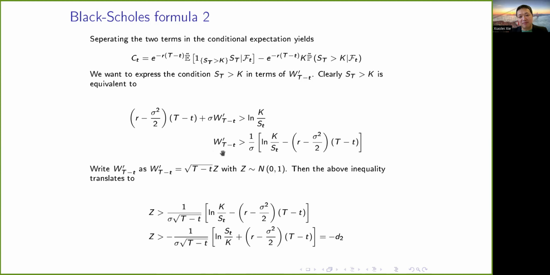Now we know that W prime of capital T minus t has the normal distribution with variance capital T minus t. So we can rewrite W prime of T minus t in this form using a variable Z of standard normal distribution. This way, we can express this inequality in terms of this random variable Z. And for convenience, we define the variable d2 as this expression.